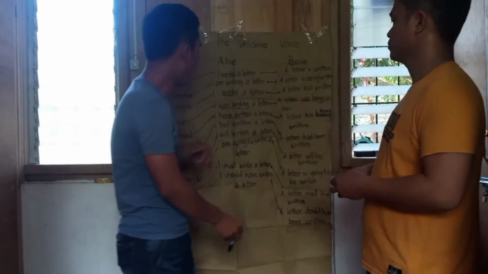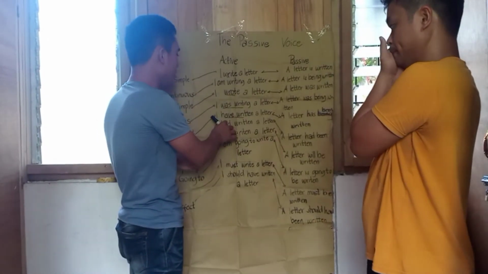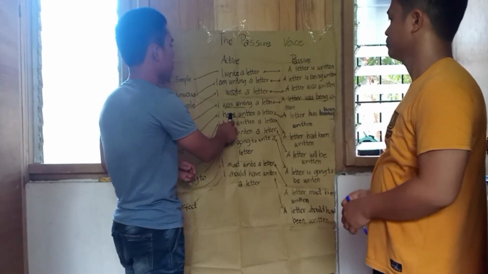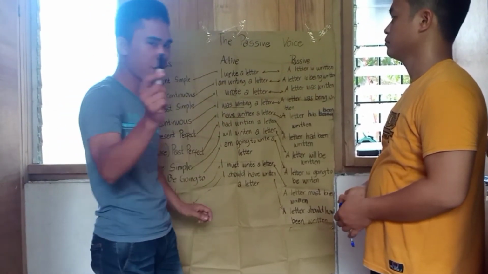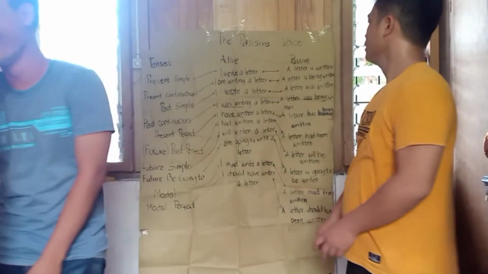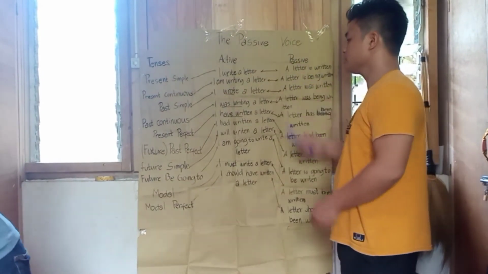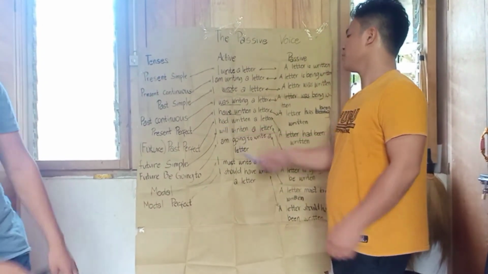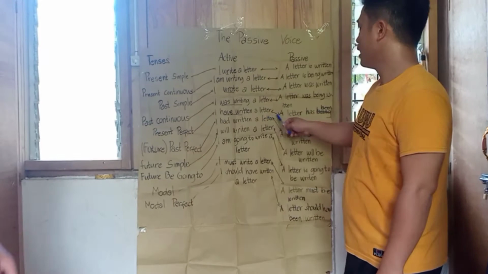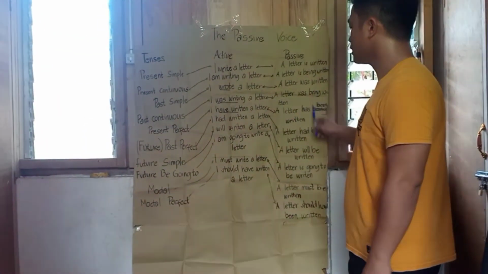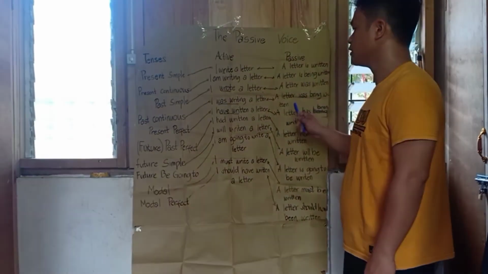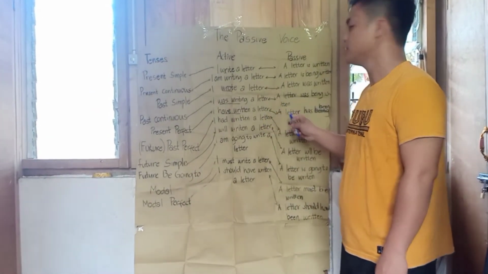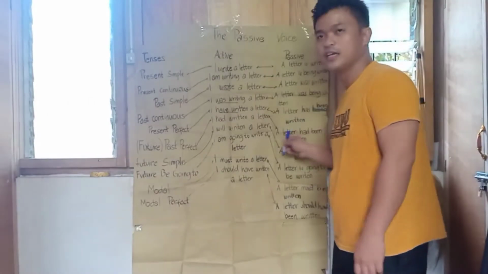We can determine this sentence is in the active voice and belongs to present perfect. Thank you. So in the passive voice of the present perfect, a letter has been written. As usual, the sentence there is already done. So a letter has been written.